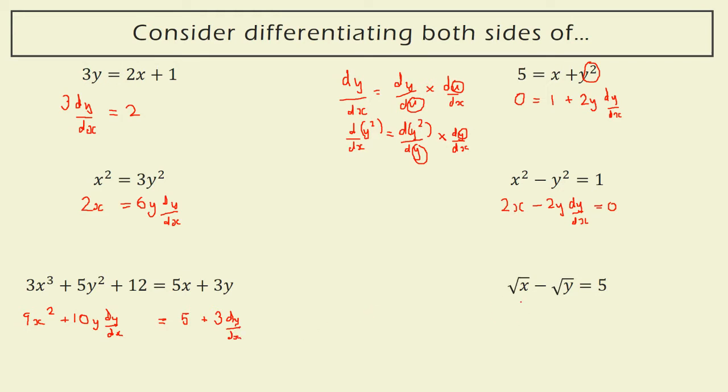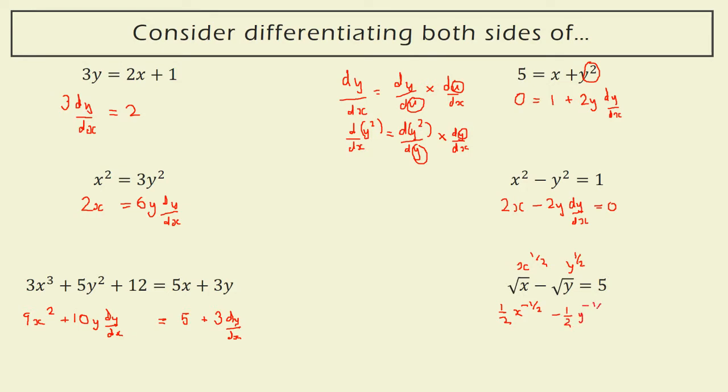Okay, and our final one. Now it's helpful here to remember that the square root is a half power. So each one of those are really half powers. So I'm going to get, differentiate with respect to x, a half x to the minus half, bring the power to the front, and knock the power down by 1. And then the same with respect to y.